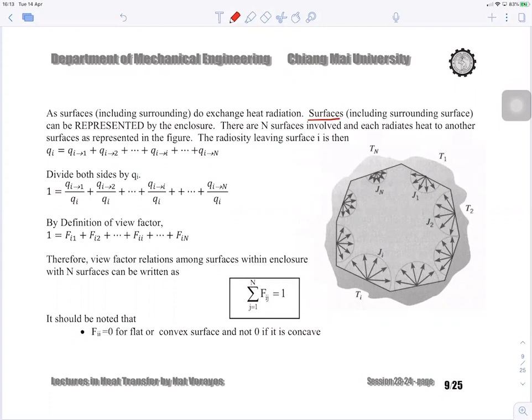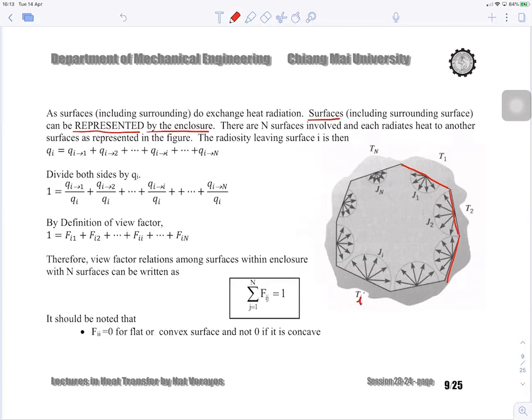As I mentioned a little bit earlier, these surfaces can be represented by the enclosure. For example, you have the surfaces combined as the enclosure. You probably have surface 1 in the picture, surface 2, surface 3, and so on, including the surface i.